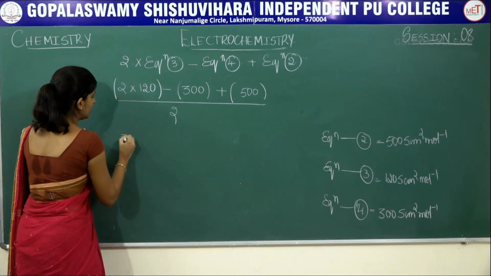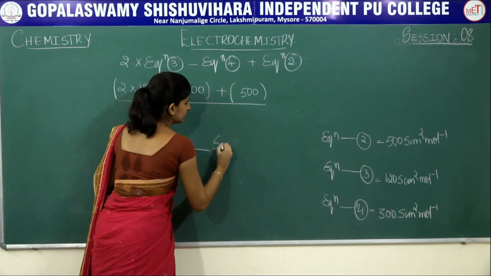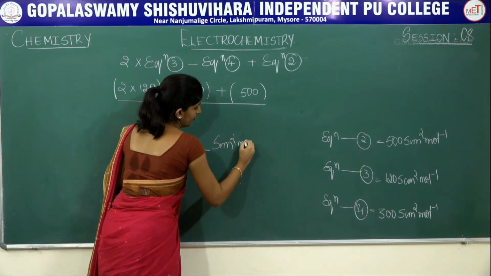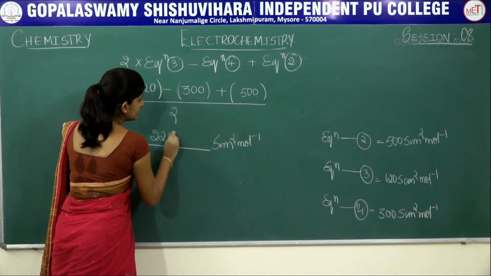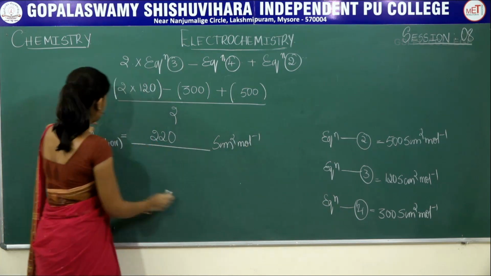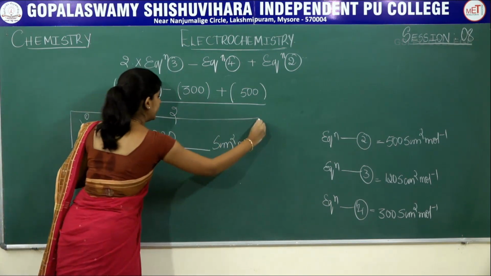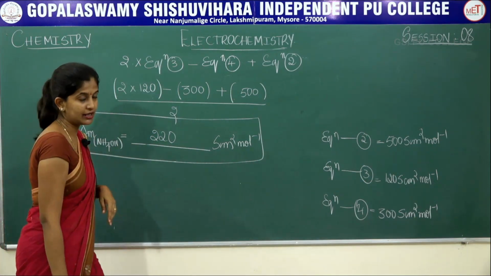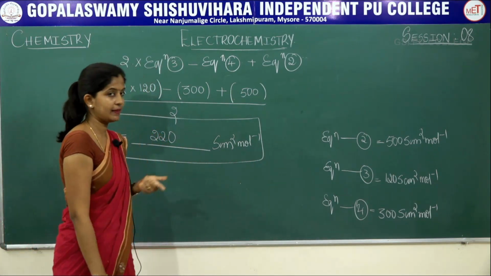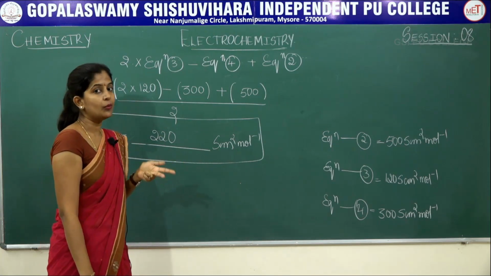So the value becomes 220 Siemens centimeter square per mole. So this is your limiting molar conductivity of ammonium hydroxide that has been deduced using 3 strong electrolytes: barium hydroxide, barium chloride, as well as ammonium chloride.